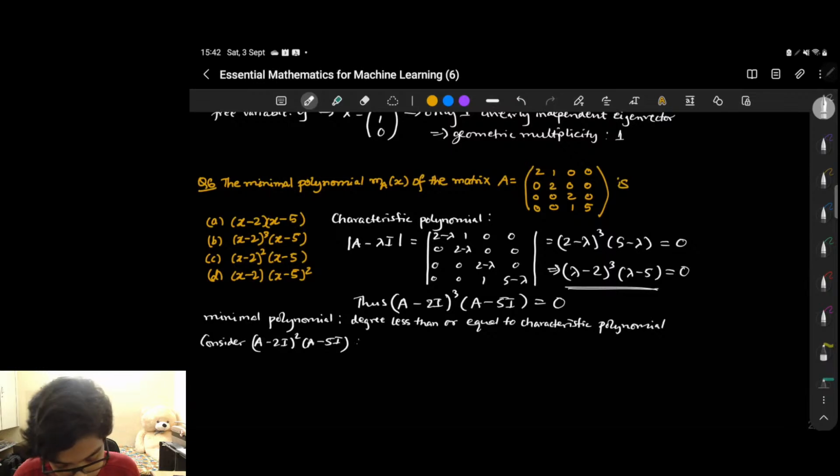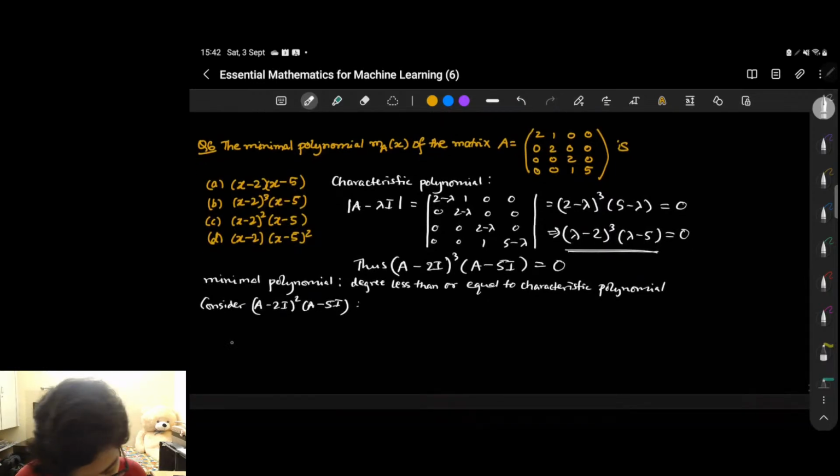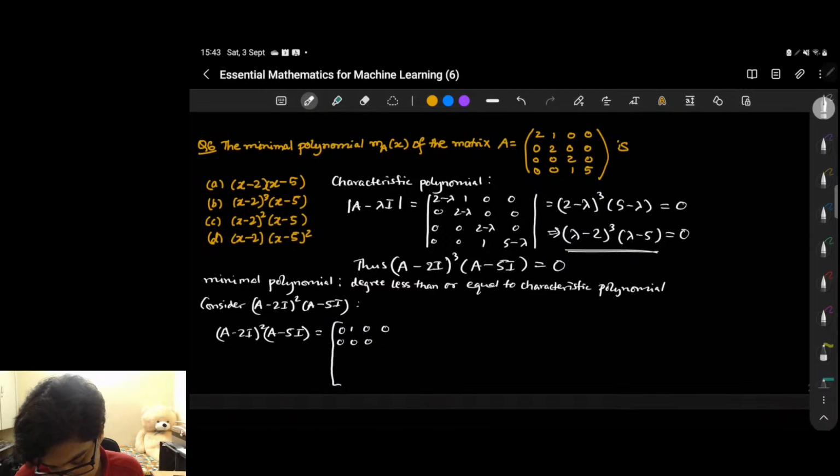So let us try and find this. A minus 2I squared times A minus 5I. This would be equal to A minus 2I, so this would be 0, 1, 0, 0. This is A minus 2I and this squared, that means another A minus 2I.